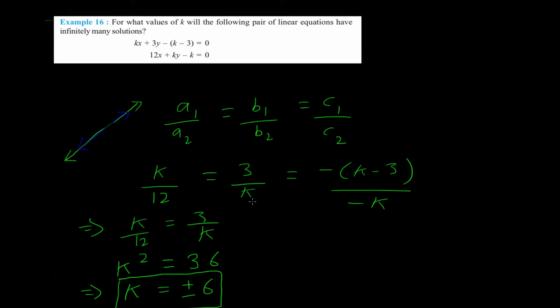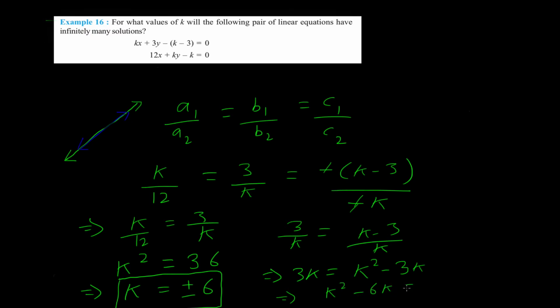But we also have one more part of the equation that has to be satisfied. So let us take this part. So what do we have? 3 by k is equal to k minus 3 by k. Therefore, we have 3k is equal to k square minus 3k, or if we take this to the other side, k square minus 6k is equal to 0, or k into k minus 6 is equal to 0.